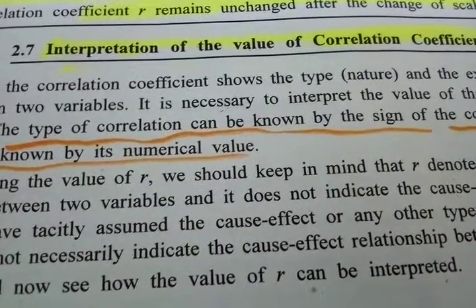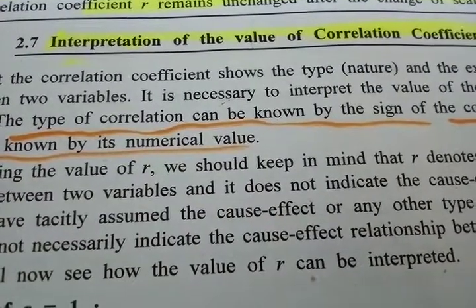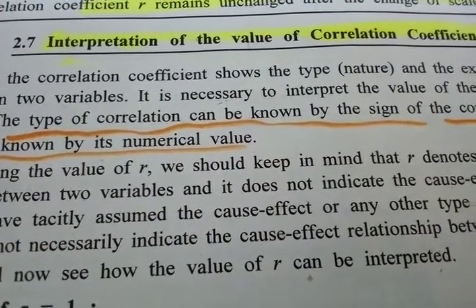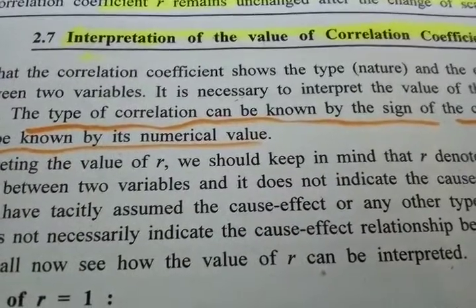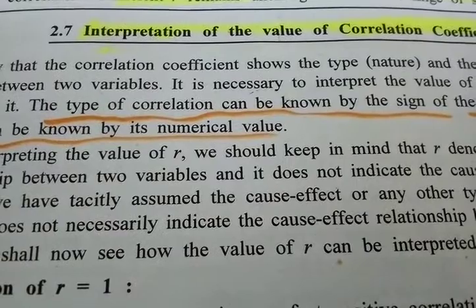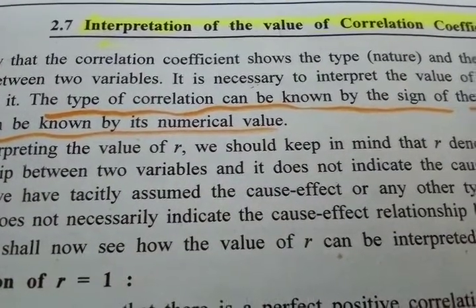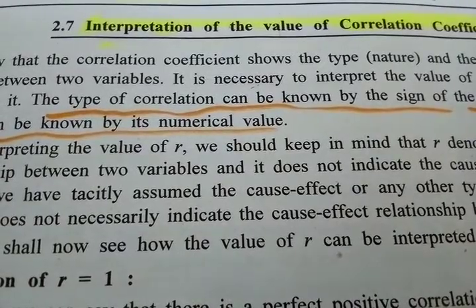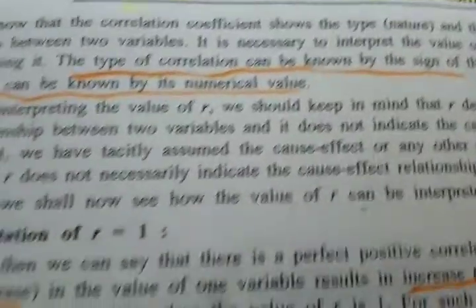When you interpret it, please keep in mind that we are not explaining the cause-effect relationship between the two variables, but we only indicate the sign and the degree of the linear correlation between two variables.